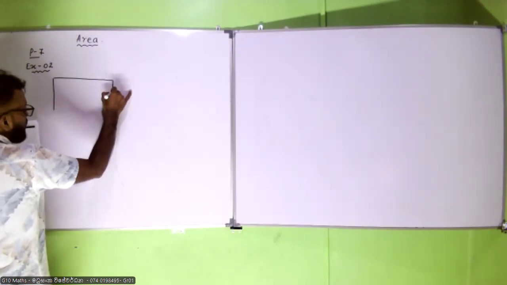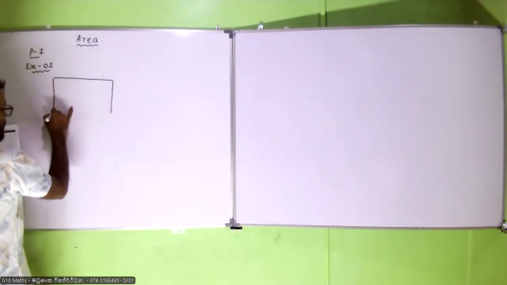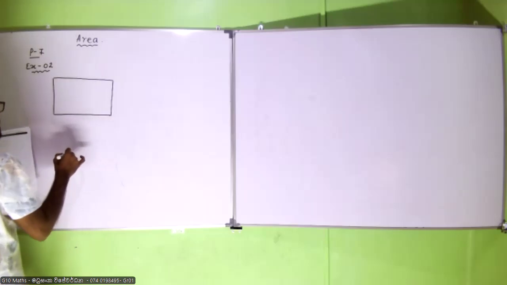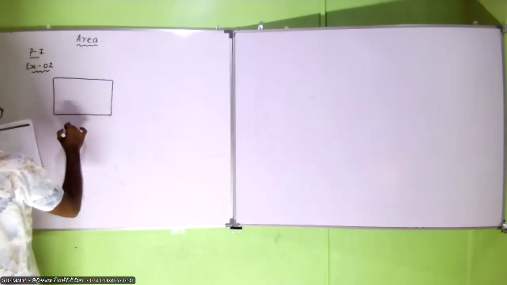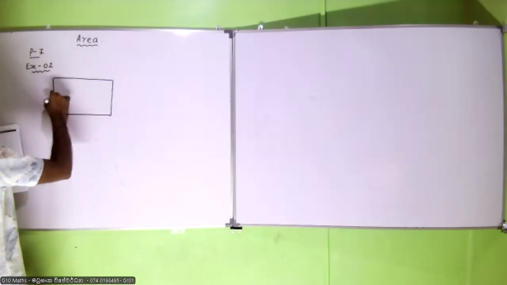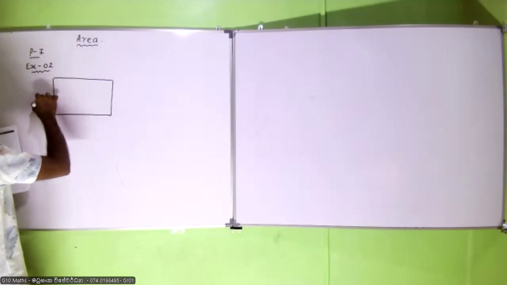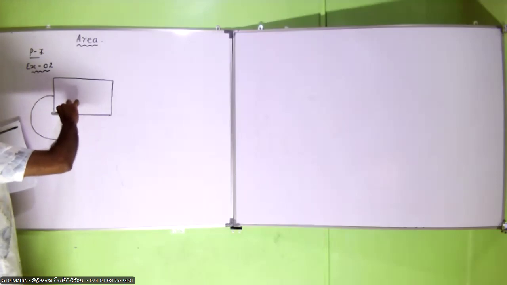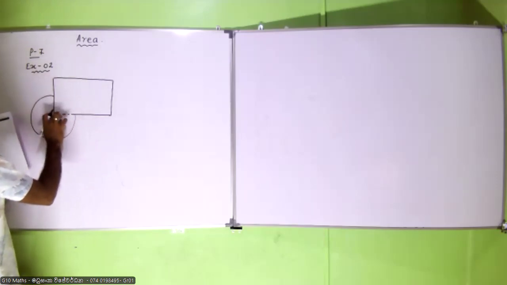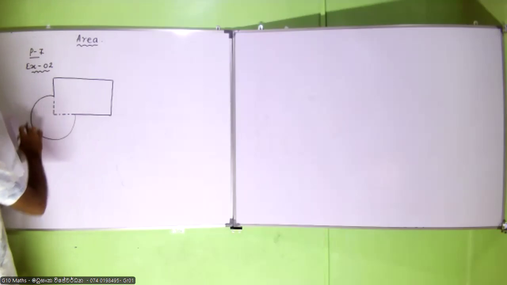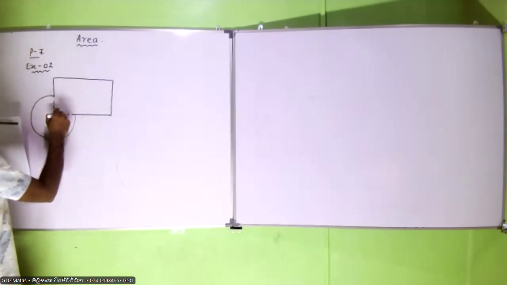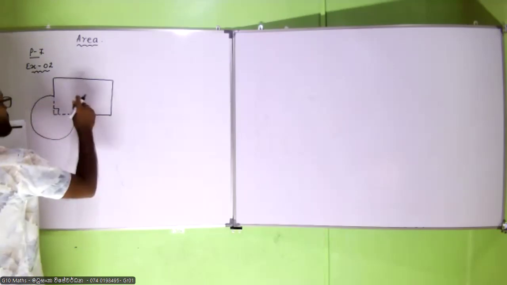There is a rectangle like this, and there is a three-quarter of a circle down there. Three-quarter of a circle.